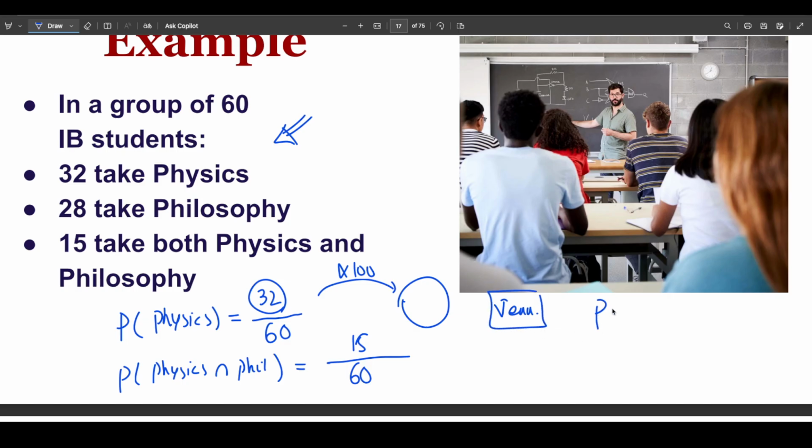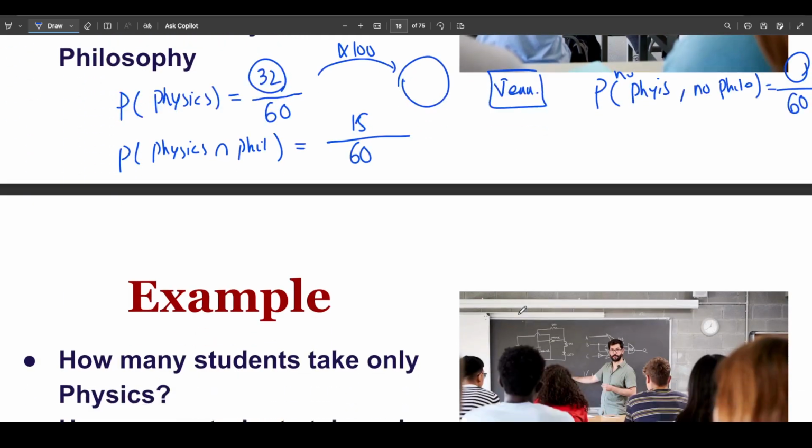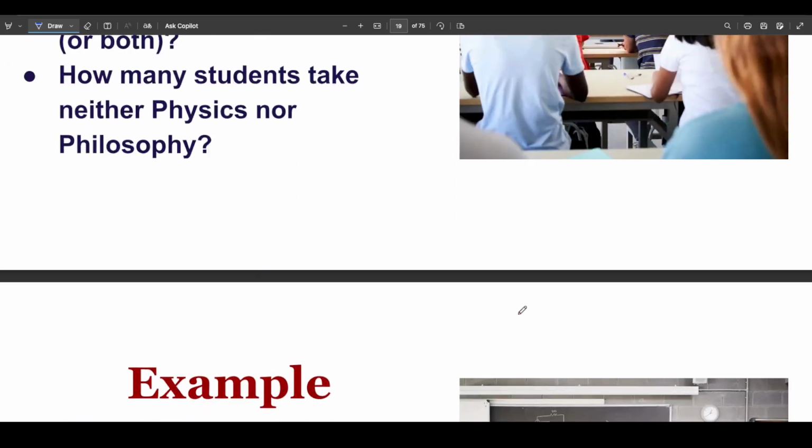Because, for example, if I ask you the probability that you choose a student at random and that student has neither physics nor philosophy, well, here you don't have the number. You know the denominator, but what is the numerator on the top? So we use a Venn diagram to explain this kind of event.